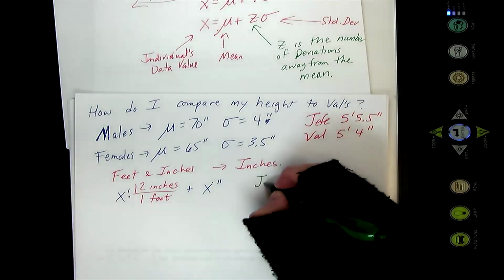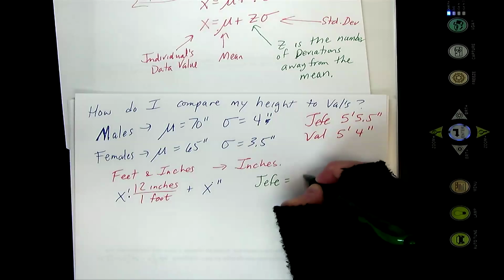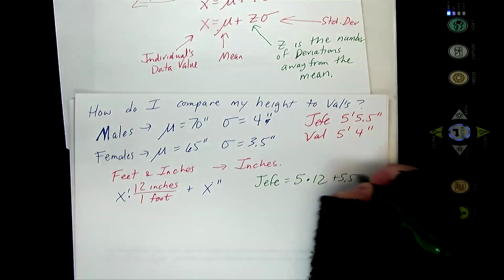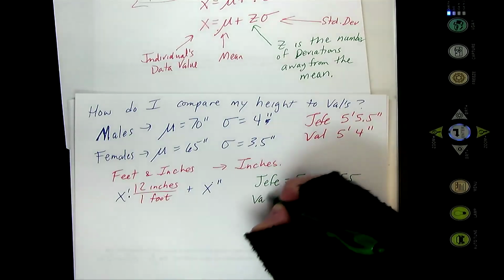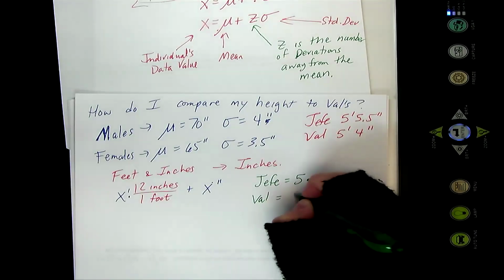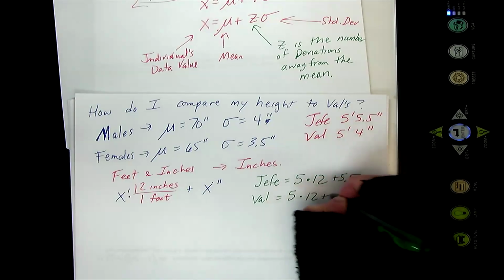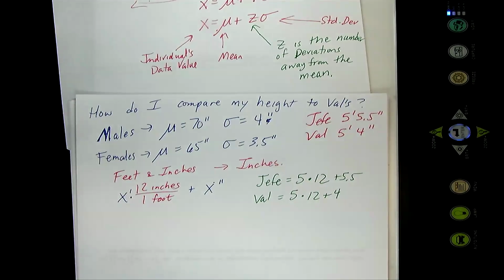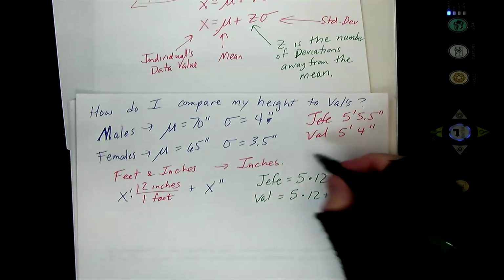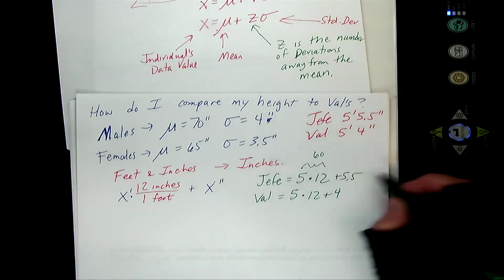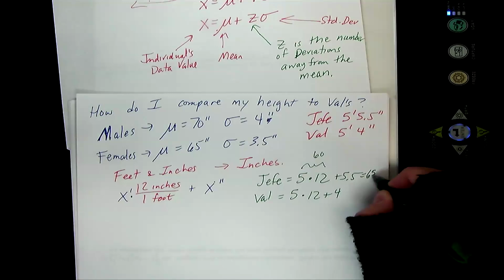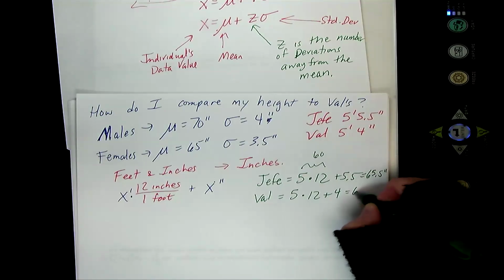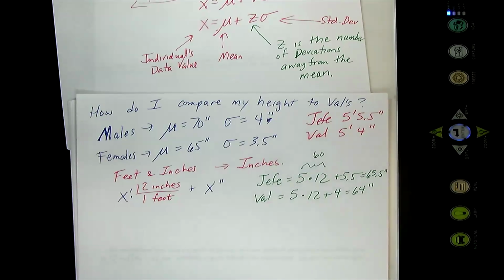With the numbers, I am 5 times 12 plus 5.5, and Val is 5 times 12 plus 4. 5 times 12 is 60. So I clock in at 65.5 inches, and Val clocks in at 64 inches.